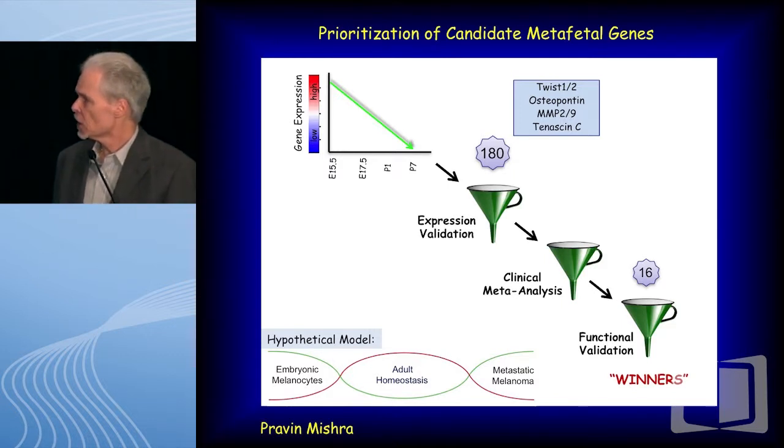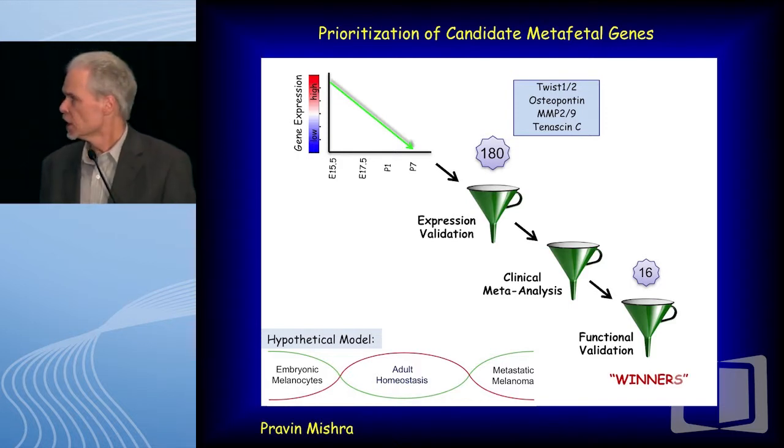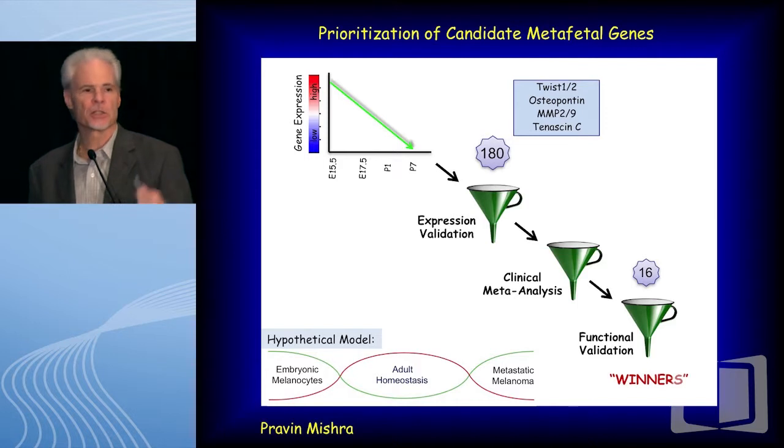And what he did is an extensive analysis of expression and validation. He did a lot of meta-analysis of clinical data that's out there, Oncomine, other things, and importantly, what genes were associated with survival in melanoma patients. And then finally, functional validation, which included soft agar and metastasis assays.